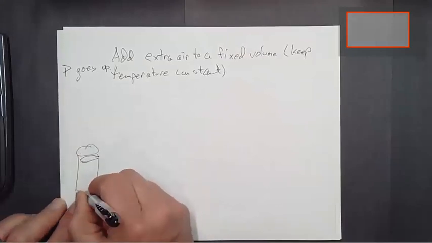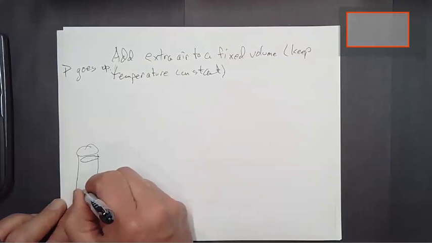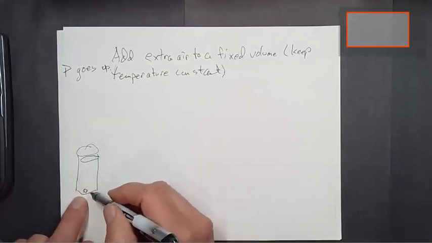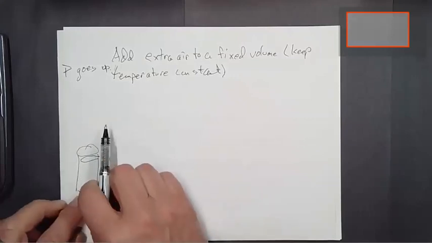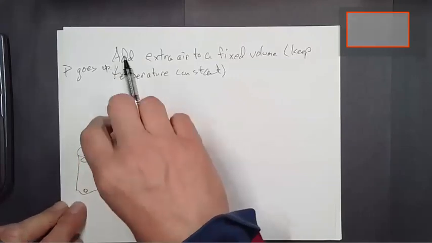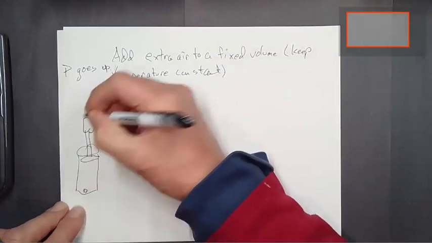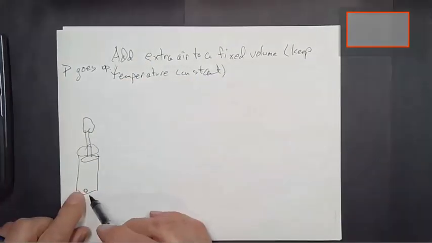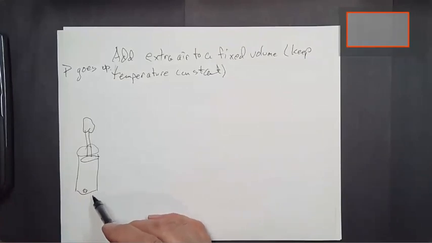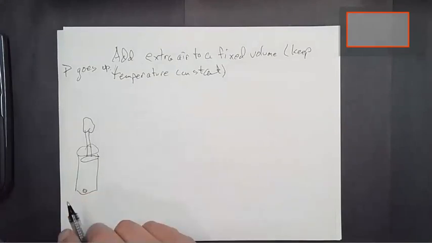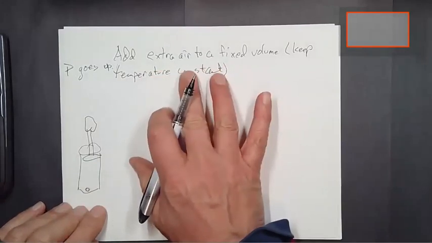What I can do, I'll try to remember to do this tomorrow, is put a little bit of cotton in the bottom of it, just tear a little chunk off a cotton pad, and then push down on this cylinder, and you can actually ignite that by doing that. So what happens is you're decreasing the volume and you see the temperature go up in that case. But that's one thing that can happen anyway.